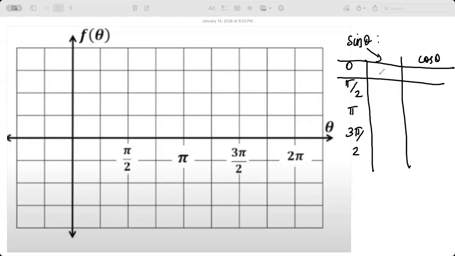Now for 0, sine 0 is 0, cos 0 is 1. Sine pi by 2 is what, guys?